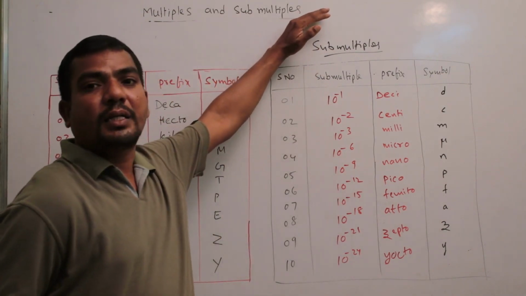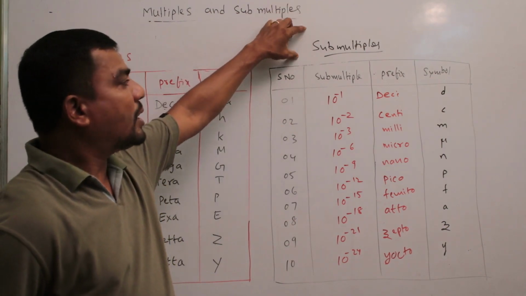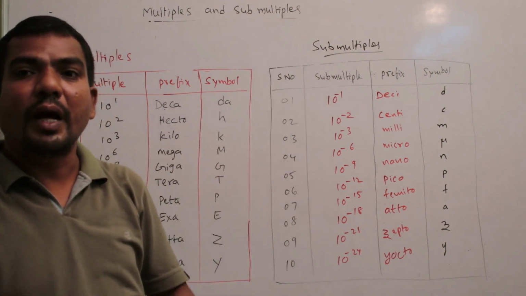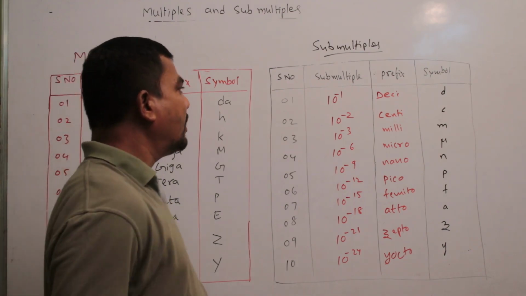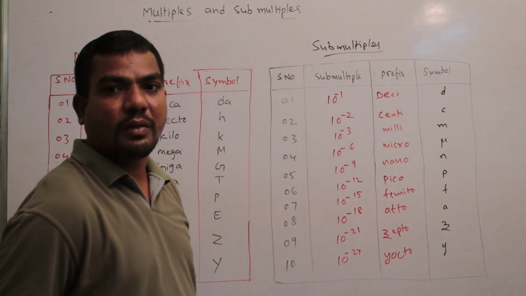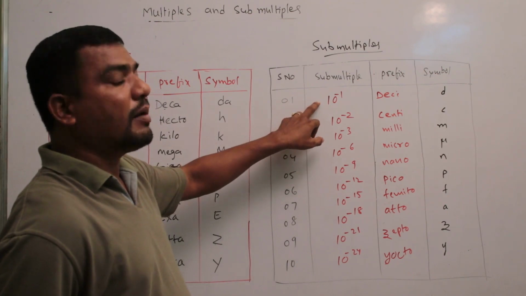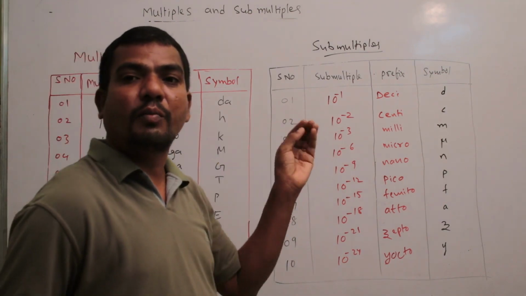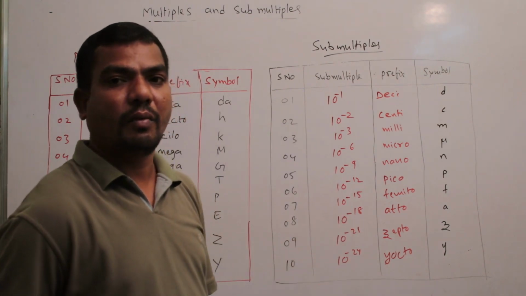Similarly, these are the submultiples, which are used to measure very small values, very small quantities. Multiples have all positive powers, submultiples have all negative powers.